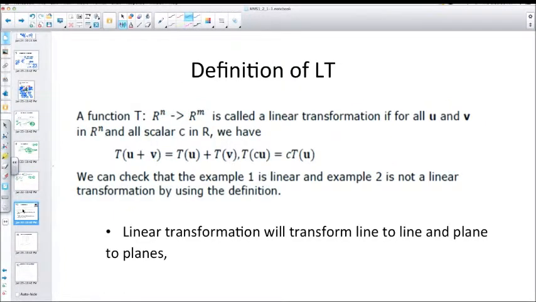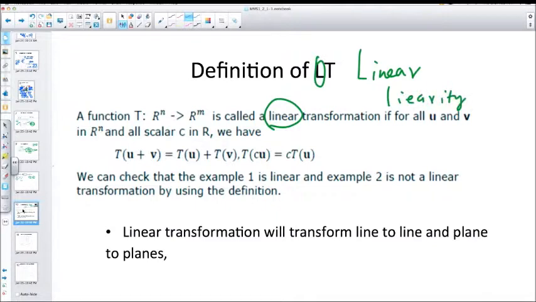So the emphasis here is the linear transformation. The linearity, I call it, is a property that has two important properties. The first one, we call it the addition property.